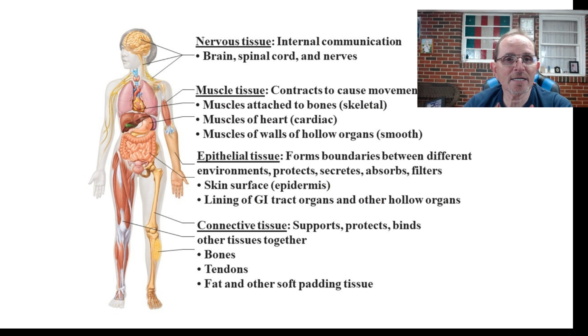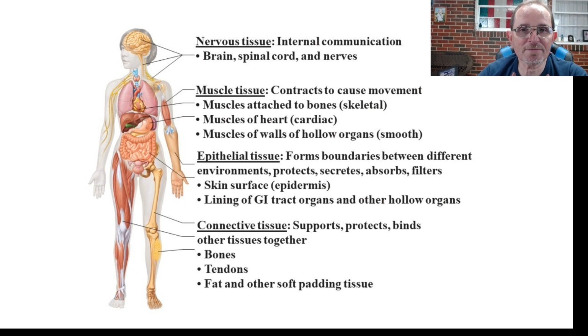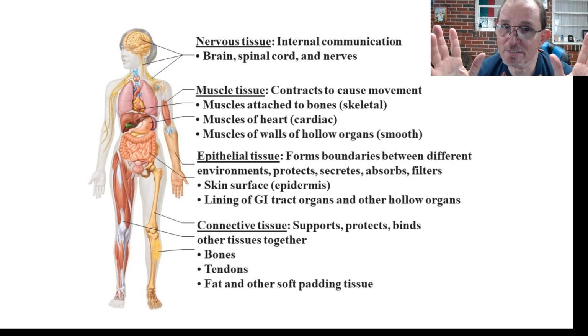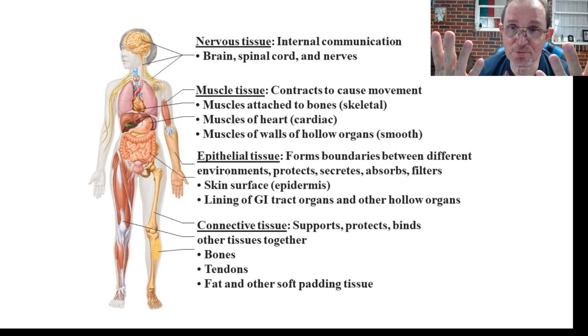I'm in the way, so let me move myself up. Sorry, guys. Nervous tissue is going to be the brain and the spinal cord and the peripheral nerves. We will talk about that toward the end of this semester. But basically, this is the guy that checks what's going on outside of us and inside of us, sends that information to the brain.